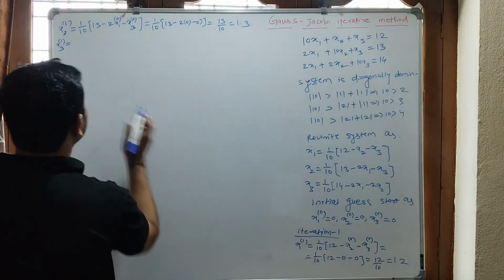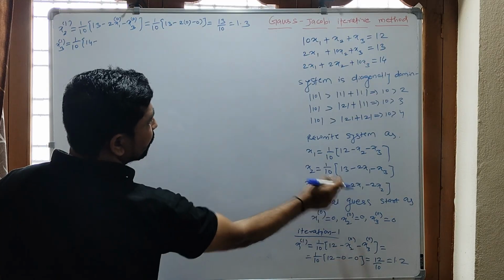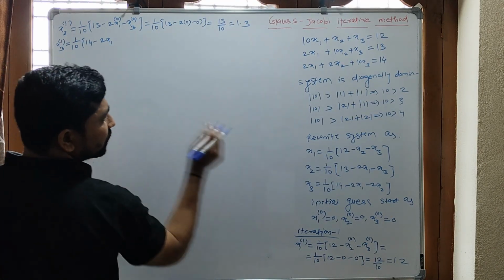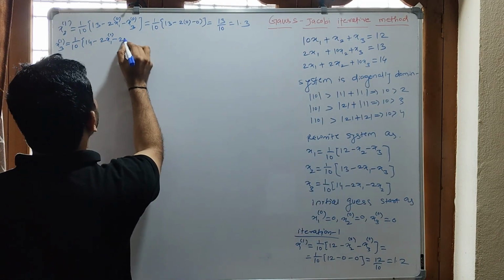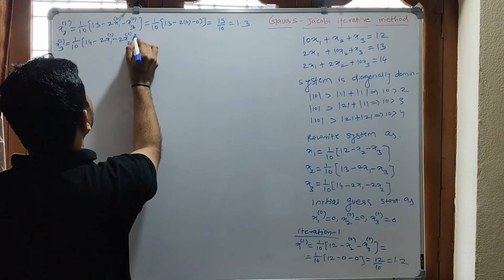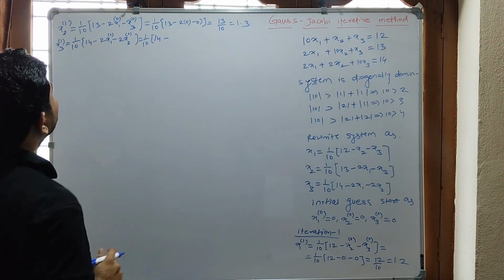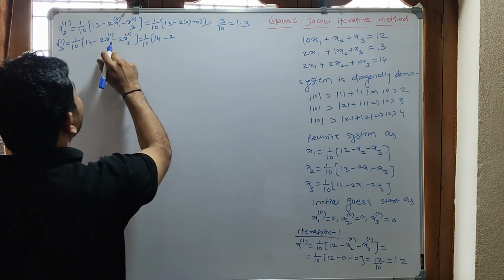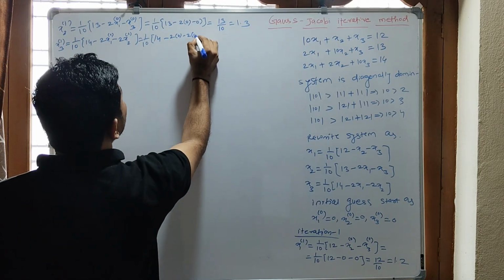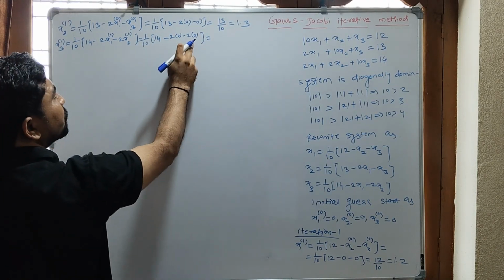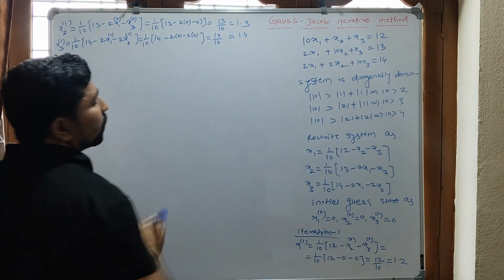So I will write 1 by 10 times 14 minus 2 times x1 at 0 minus 2 times x2 at 0, which is equal to, putting in the values, 1 by 10 times 14 minus 2 times x1 at 0, which is 0, minus 2 times x2 at 0, which is 0. This is simply 14 by 10, which is equal to 1.4.